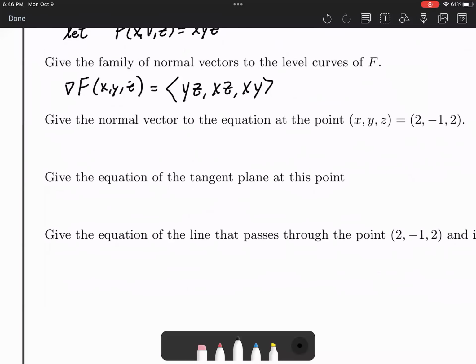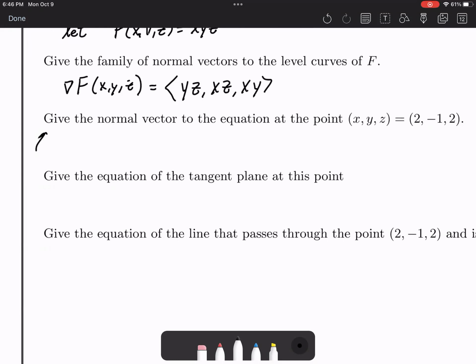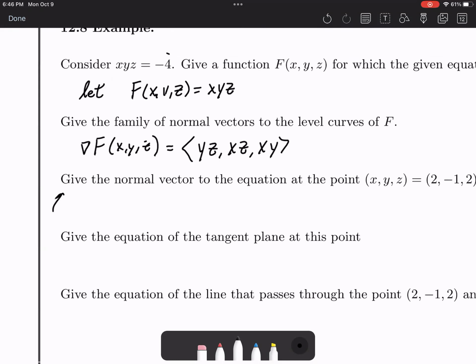All right, next part. Give the normal vector to the equation at a specific point. So this is me specifying that I'm looking at this level curve. This, hopefully, is a point on that level curve, and I want to give a normal vector there. So let's just double check. If x is 2, y is -1, and z is 2, yeah, that satisfies this specific level curve. x times y times z is equal to -4.